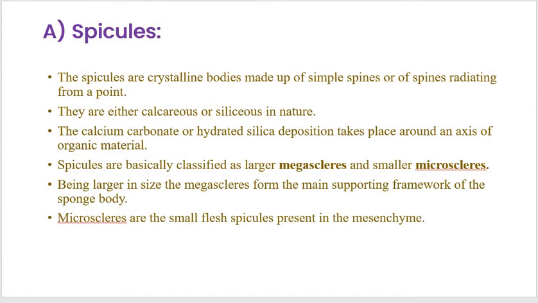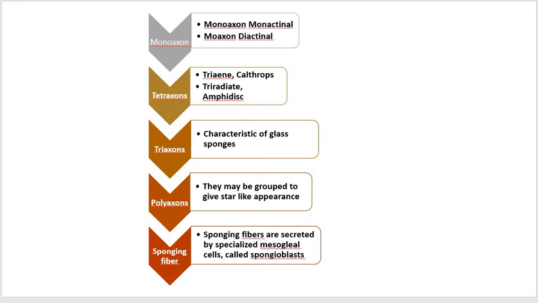Now we can focus on the classification. There are various types of spicules. The first type is the monoaxon spicule, which again shows further types: monoaxon monoactinal and monoaxon diactinal.